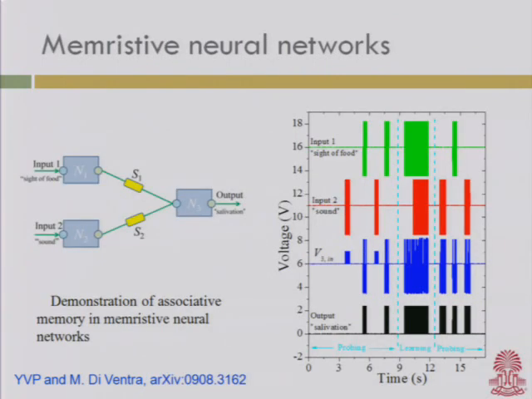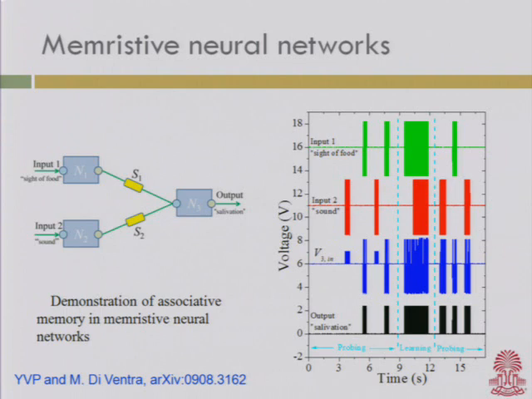Another circuit that we have realized is a small neural network. In this network we used 3 neurons and 2 memristors as synapses. The neurons were realized using small electronic circuits, and the basic idea is that depending on the input, they can or cannot send a train of pulses, both in the forward and back direction.